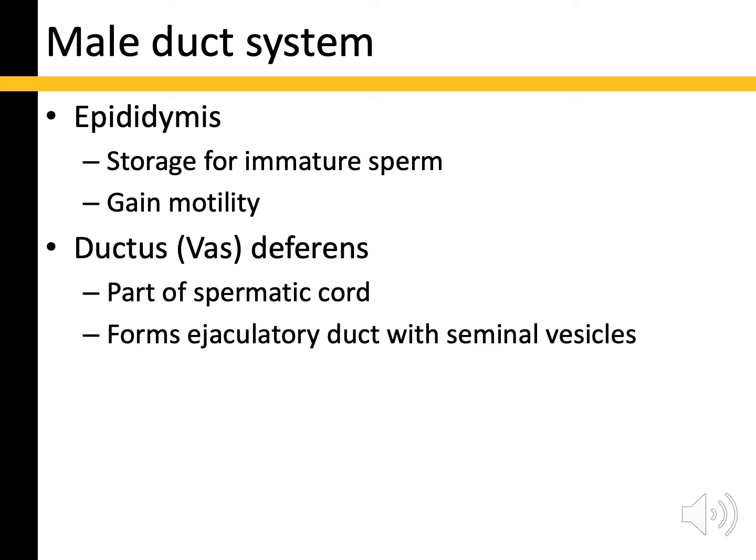The vas deferens then enters the body as part of the spermatic cord, and the spermatic cord has other things in it like blood vessels and nerve supply. Ultimately, the vas deferens becomes the ejaculatory duct once it combines with a short duct coming from the seminal vesicles. We'll be able to see all that a little bit later.